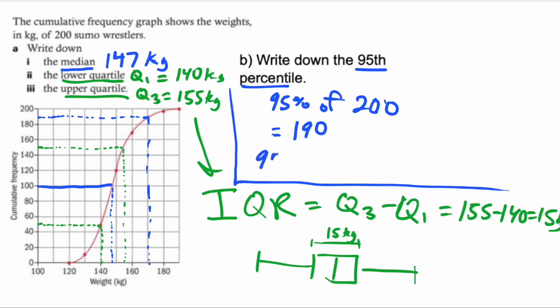So the 95th percentile is 170 kilograms, meaning 95% of sumo wrestlers are below 170 kilograms.